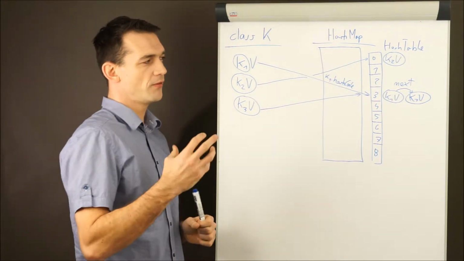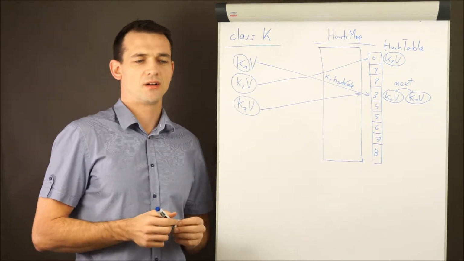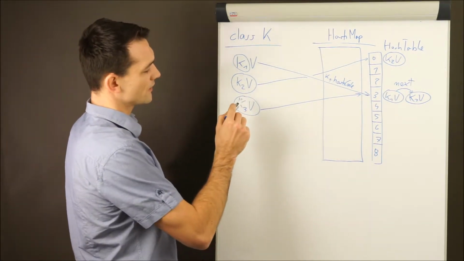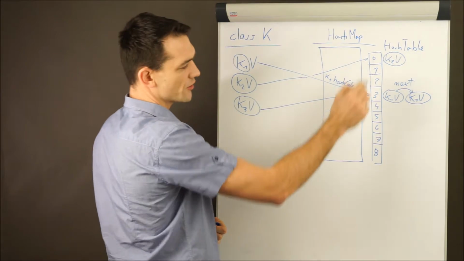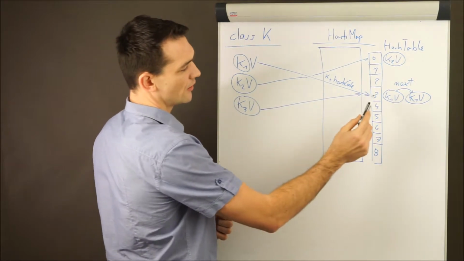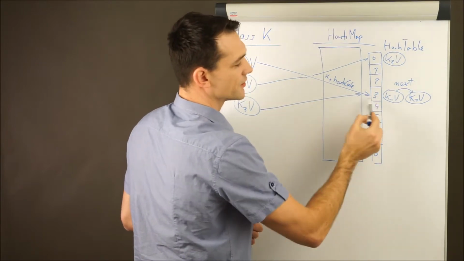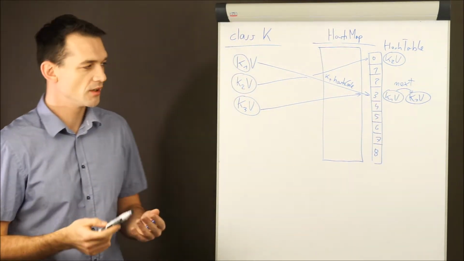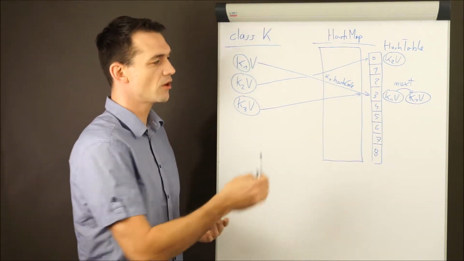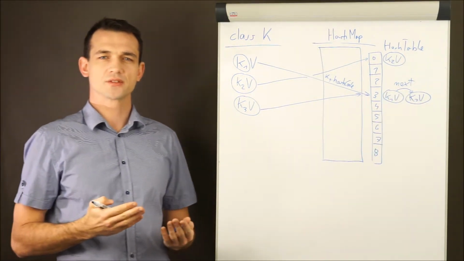Instead of almost constant access time to an object, we might end up with square complexity, because if someone wants to retrieve the K3 object from the hash table, of course the bucket number will be calculated immediately. However, then our HashMap should iterate over the collection that is stored in a bucket and try to find the proper key value pair using the equals method, comparing each key from this list with the key that is used to retrieve some object.